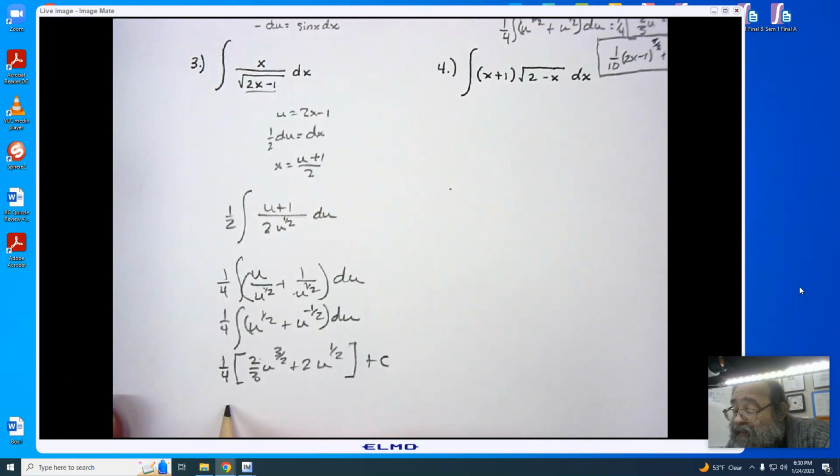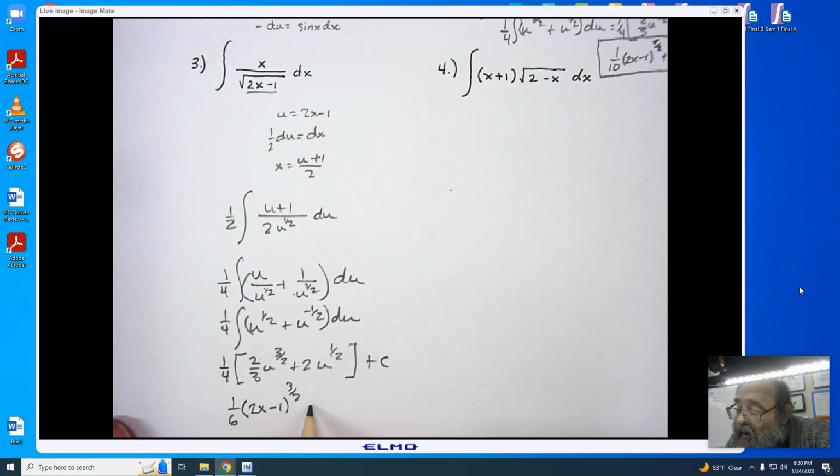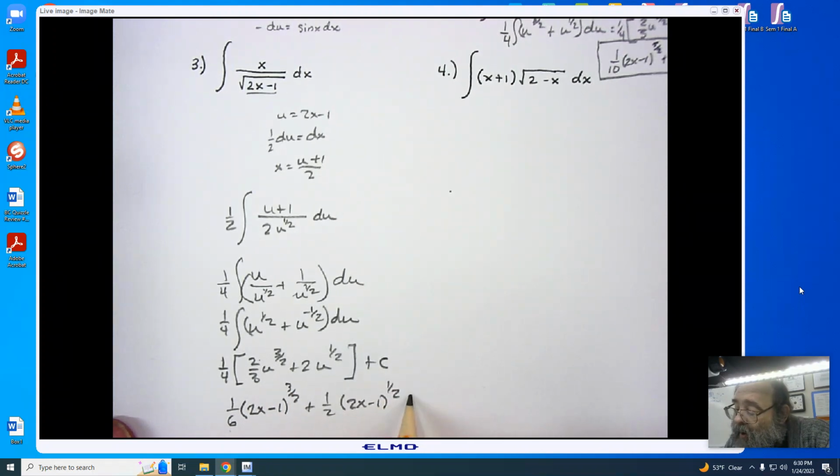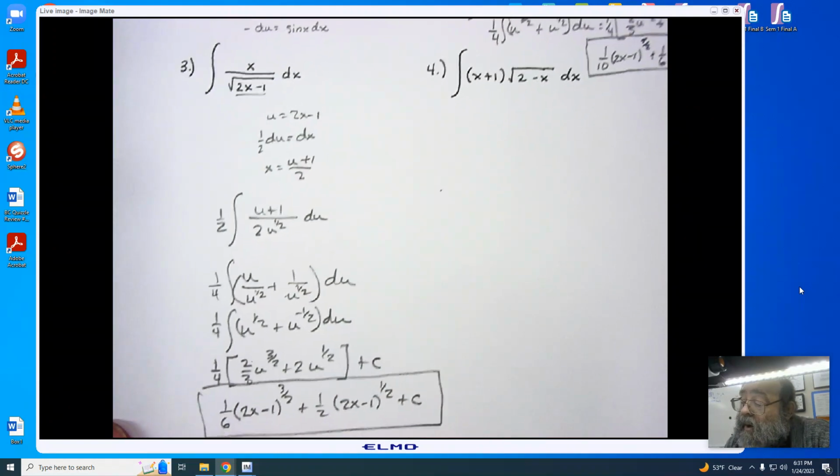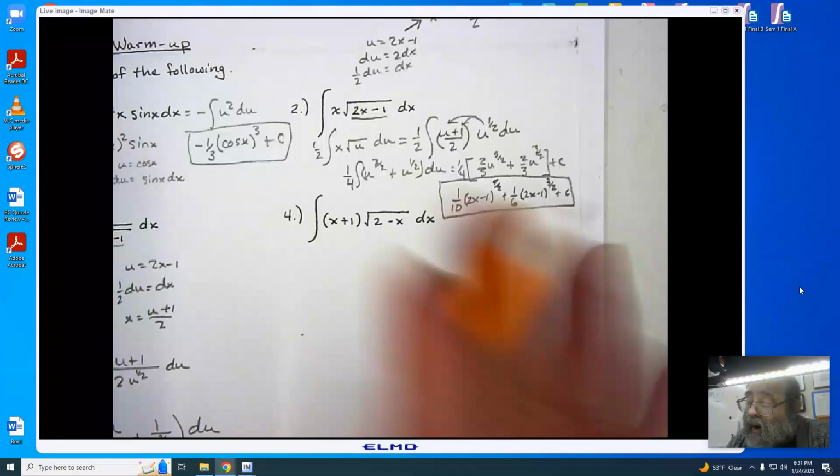This is giving me 1/6. Back substitute the u, 2x minus 1 to the 3/2 power plus 1/2 when I distribute, and I get 2x minus 1, and it's to the 1/2 power plus c, and that is now my answer. We're now going to go to number 4.